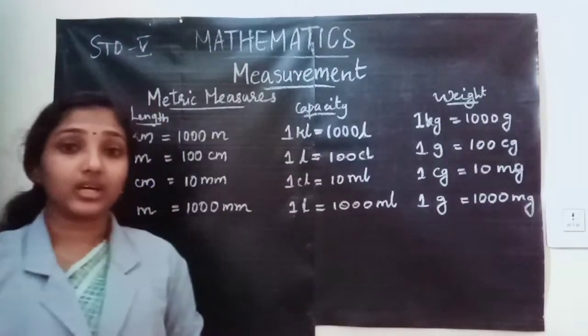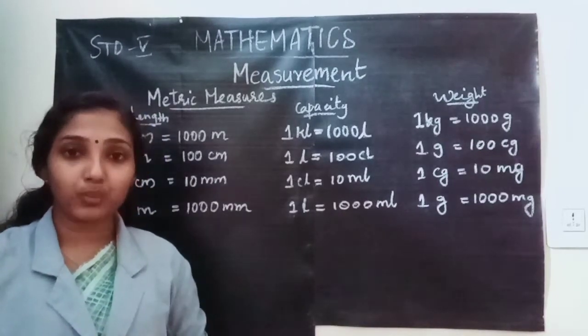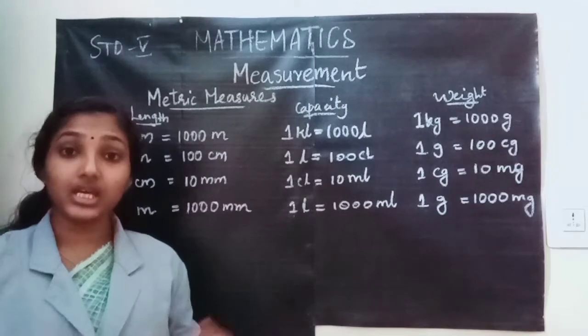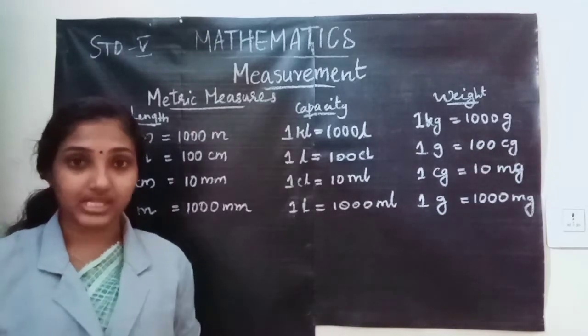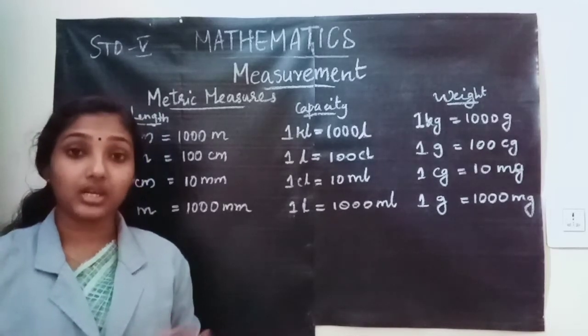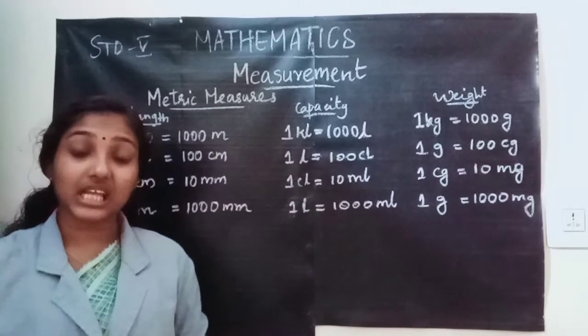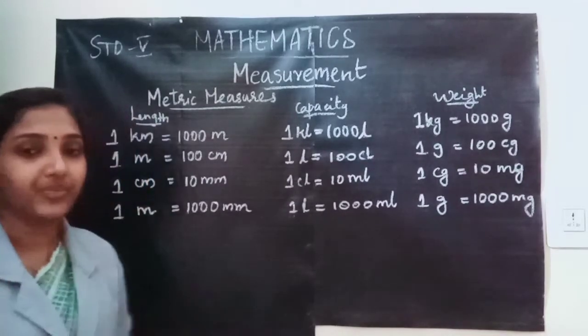So here we can represent the same length or the same weight or the same capacity in different units. Only one unit is not there to represent these. We can use different units to represent the same length or same weight or the same capacity.